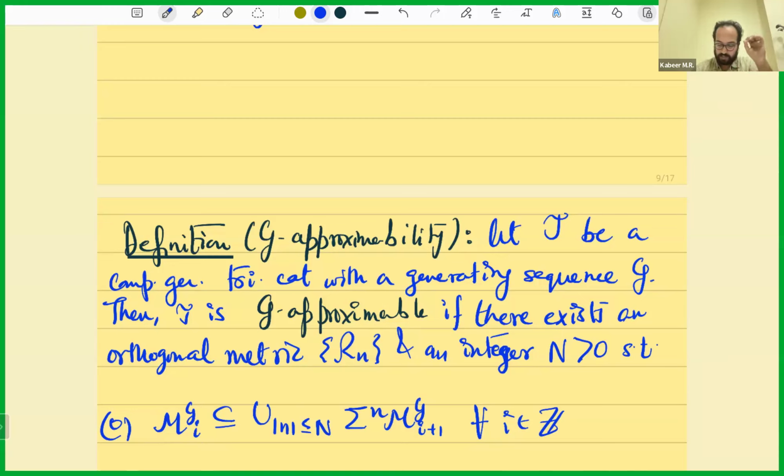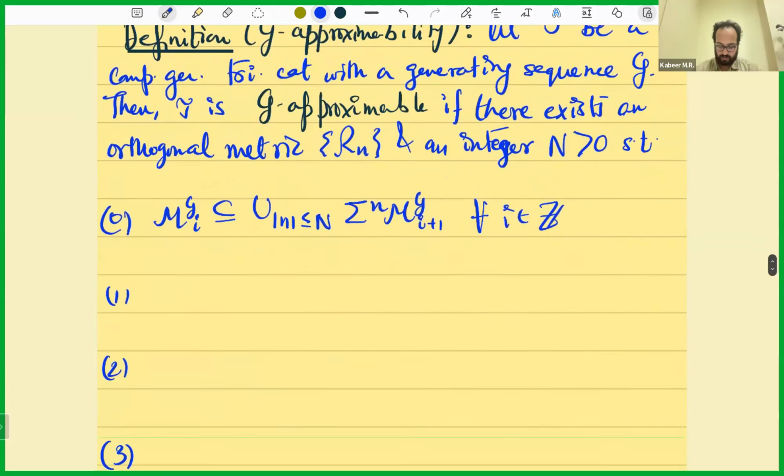Let T be a compactly generated triangulated category with a generating sequence G. At the moment, we are not assuming that the generating sequence is finite. Then we say that T is G-approximable if there exists an orthogonal metric on it, and there exists a positive integer n, such that the following four conditions are satisfied.